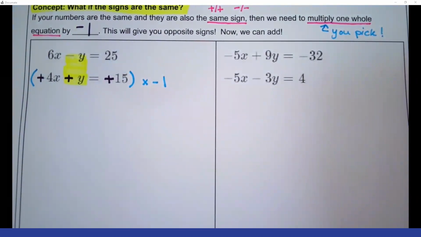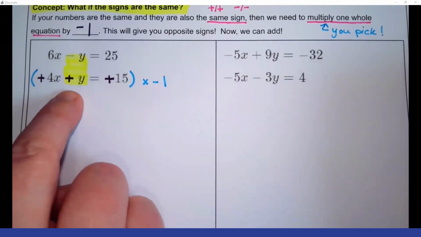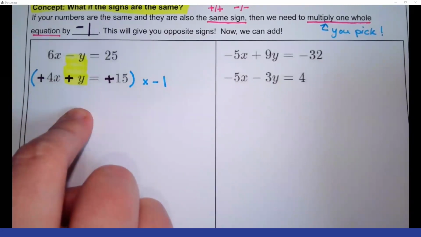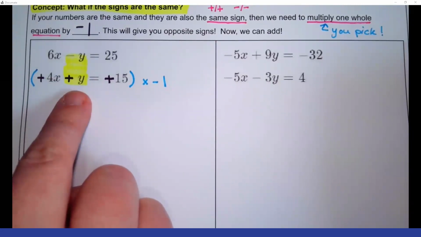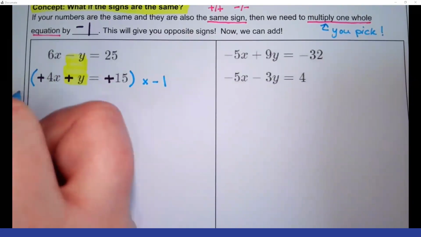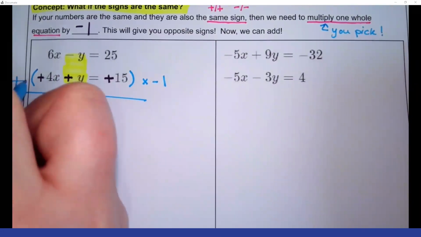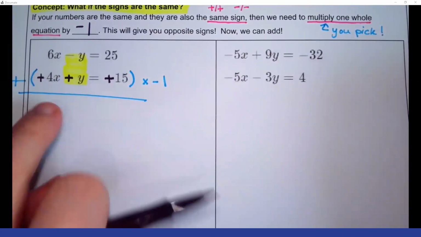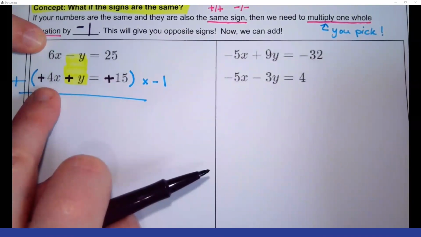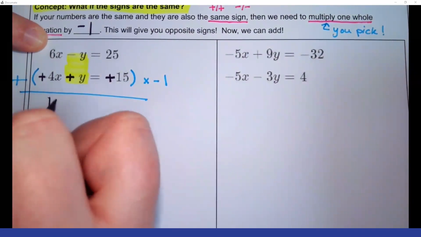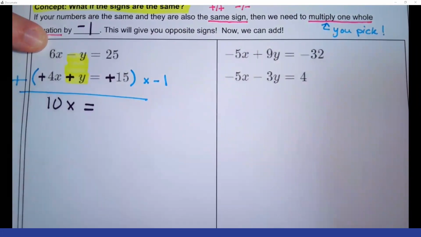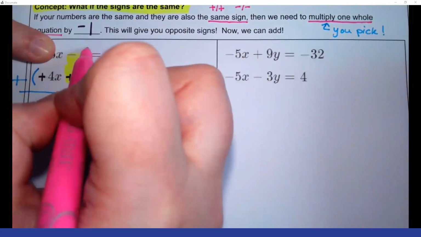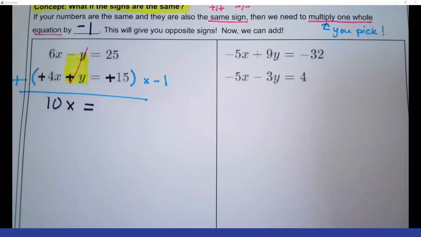So you're just making everything opposite in one of the equations. So now we have opposite signs. Now we just do everything we have been doing today for elimination. We add them together. So now it's 6x plus 4x, so that's 10x. The y's are now canceled out.